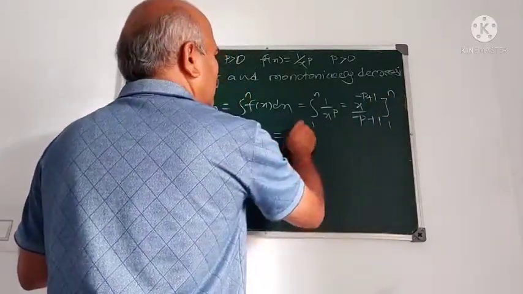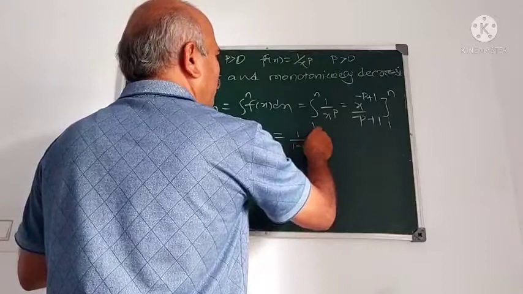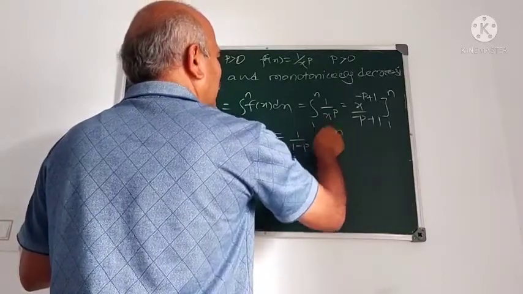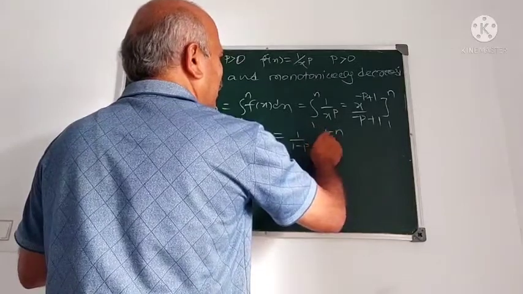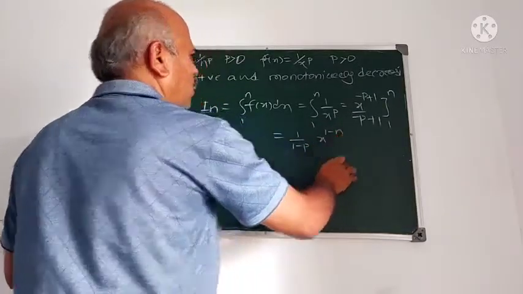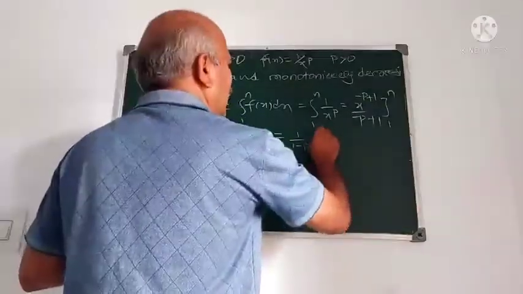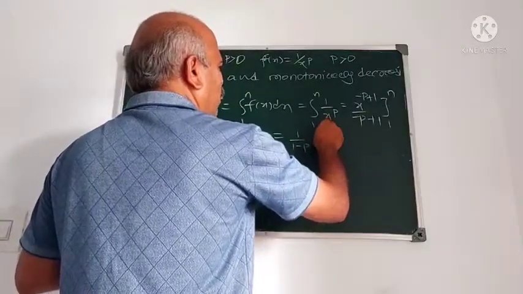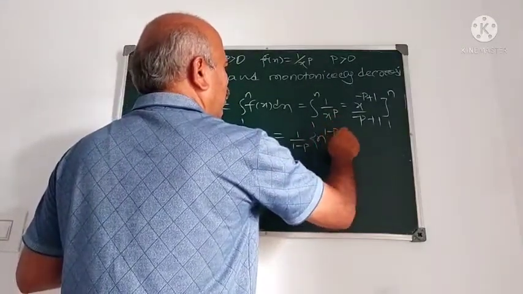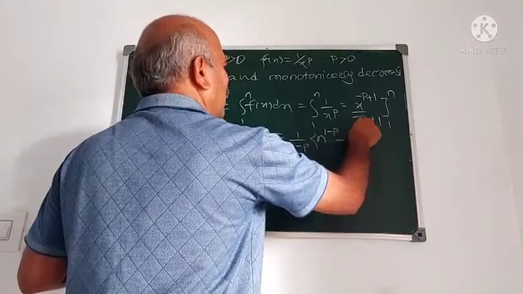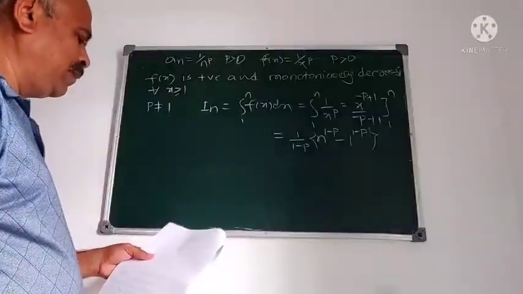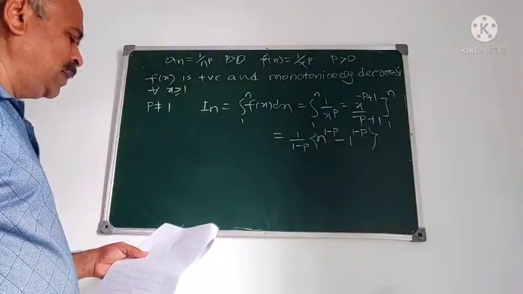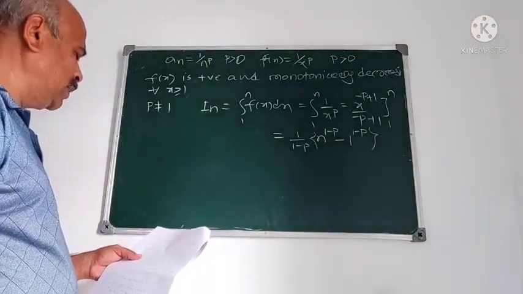So it is 1 upon 1 minus p times n raised to 1 minus p minus 1 raised to 1 minus p, when p is not equal to 1.